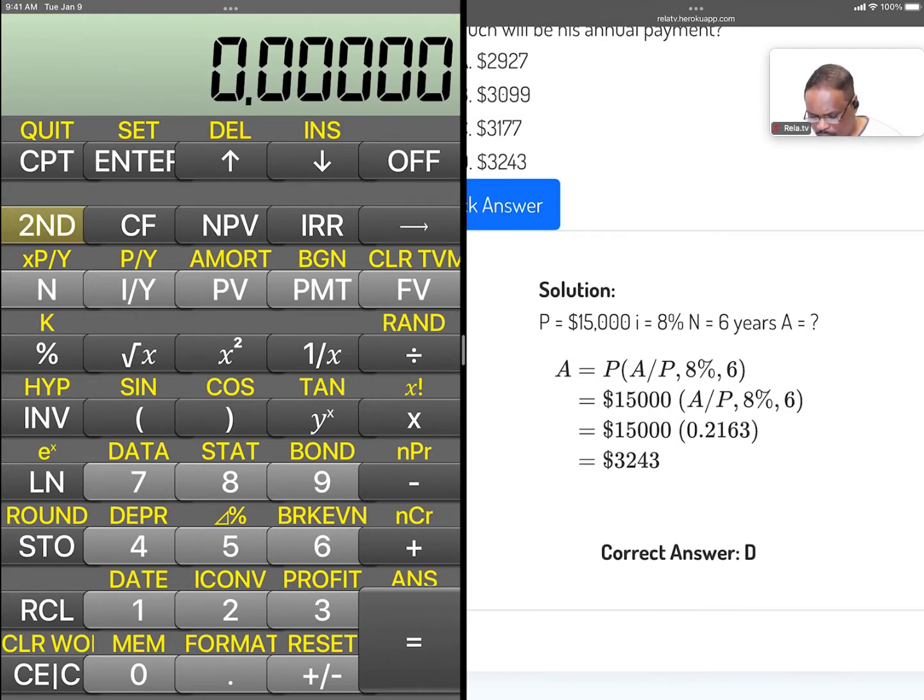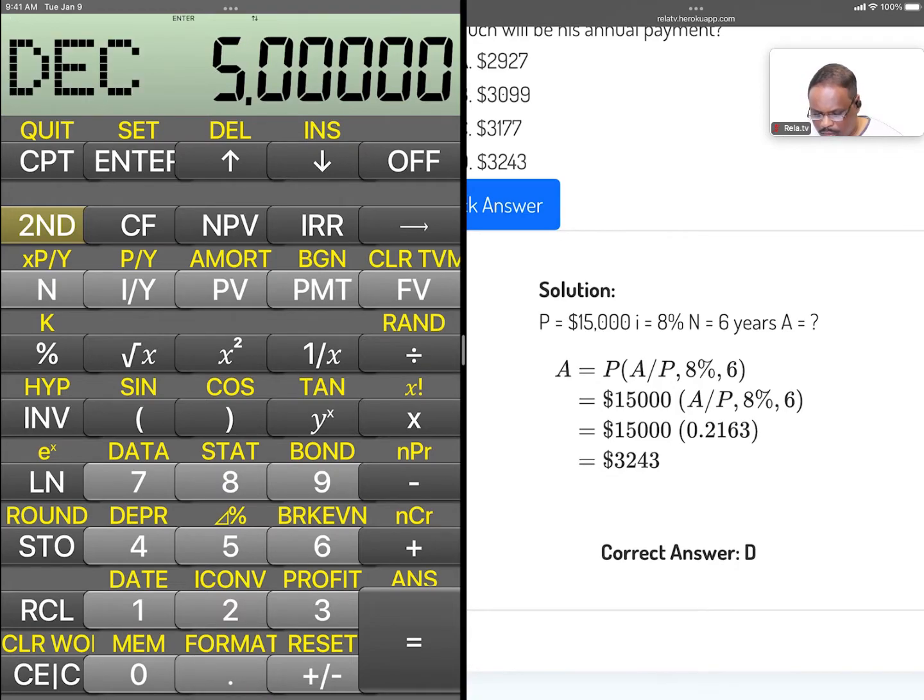So first, let me clear everything. Press second, clear time value, or you can press second quit also. I have 5 decimal points on the screen. If you would like to change that and make it 2 digits or 4 digits, you can do that by going to second format.